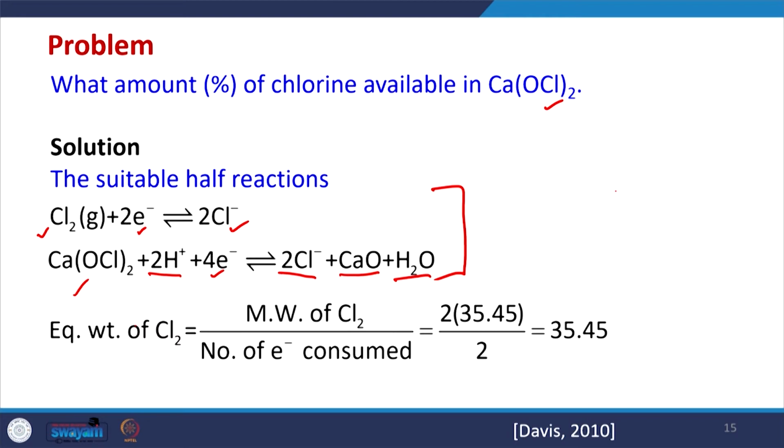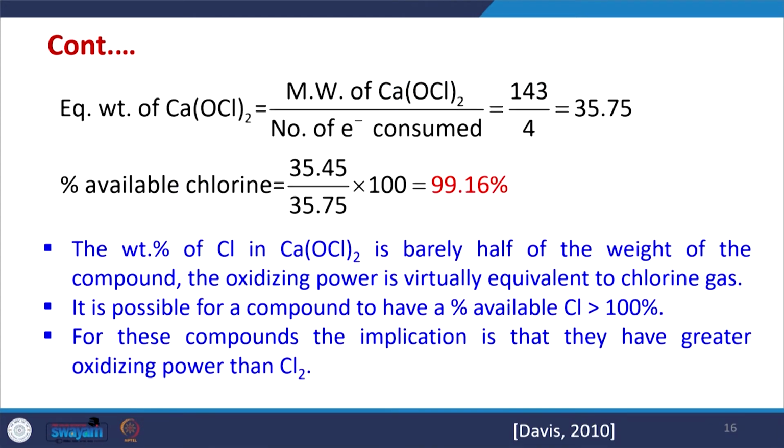Now, what is the equivalent weight of Cl2? The molecular weight of Cl2 is known. It is 35.45 into 2, and the number of electrons it consumes in this reaction is 2. So, its equivalent weight is 35.45. Going further, the equivalent weight of CaOCl2 is its molecular weight divided by the number of electrons consumed.